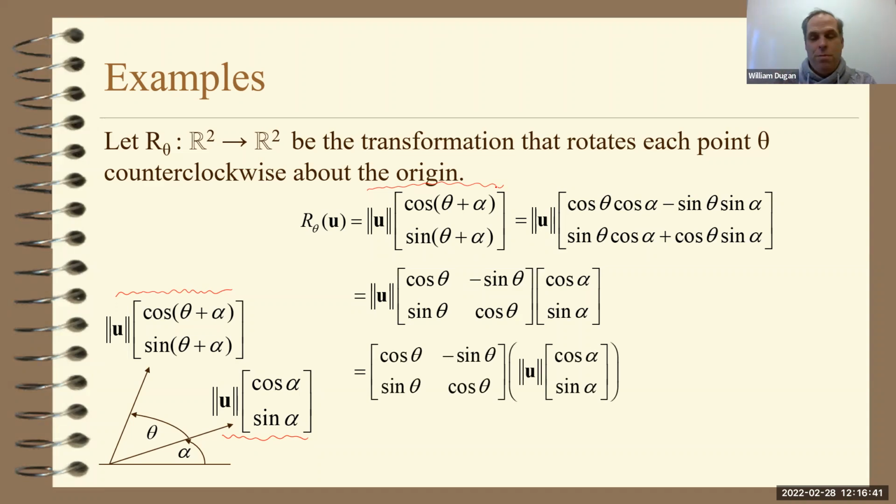But the length of u times that vector is just the vector u. So therefore, I just showed you that the rotation counterclockwise about the origin through an angle of theta, in degrees or radians, of the vector u can be done by matrix multiplication of the matrix [cosine of theta, minus sine of theta; sine of theta, cosine of theta] multiplied with the vector u.